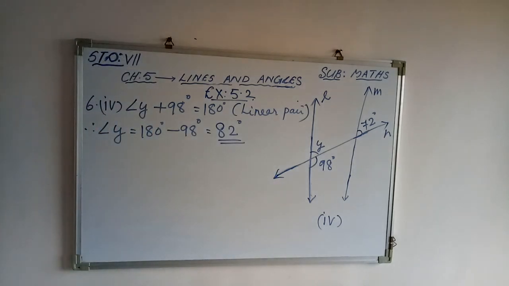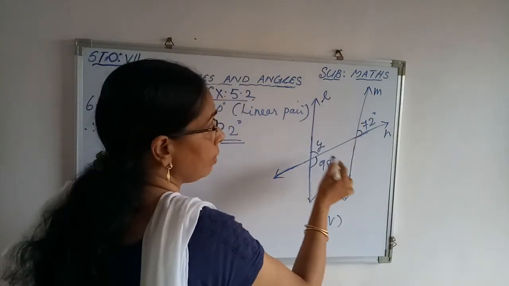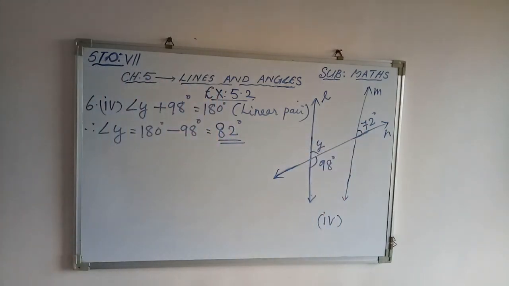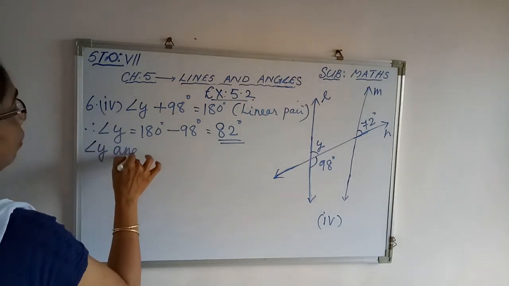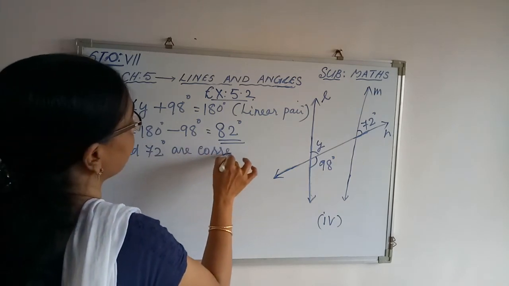Now, see, what about angle Y and 72 degree? See here, these two lines, this is the transversal, Y and 72, they are the corresponding angles. So we can write angle Y and 72 degree are corresponding angles.